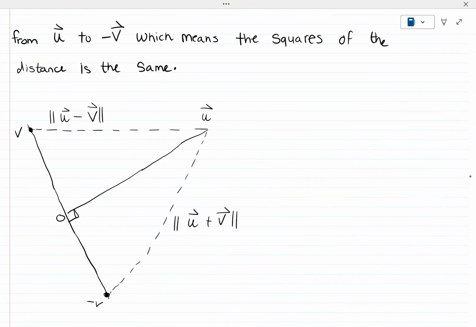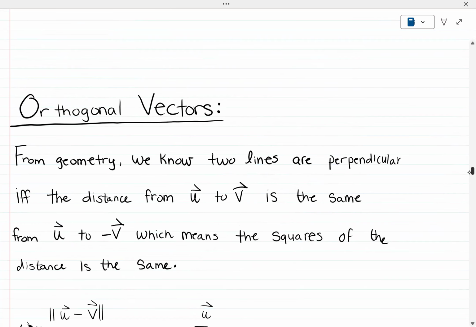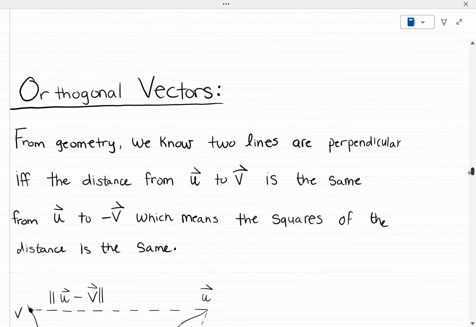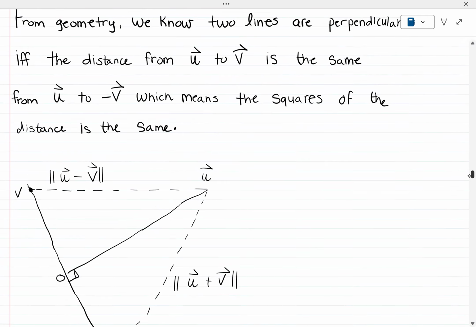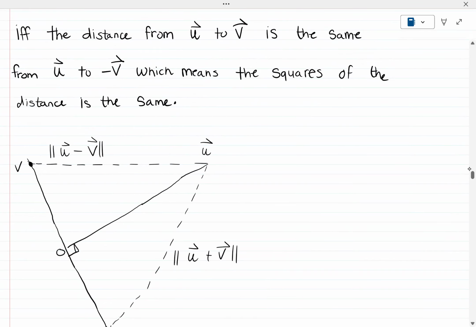In linear algebra, it means the distance from vector u to v is the same as the distance from vector u to minus v, which means the squares of the distance are the same. Right? So basically, if you find the magnitude of u plus v, it should equal the magnitude of u minus v. So that's what orthogonal means in linear algebra.